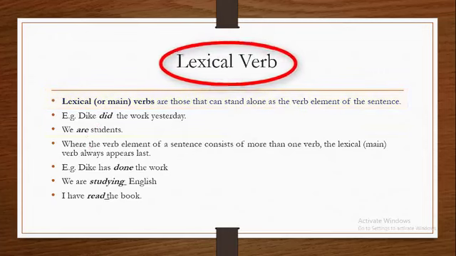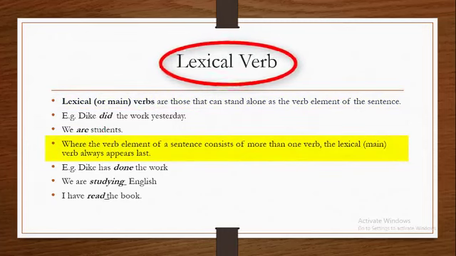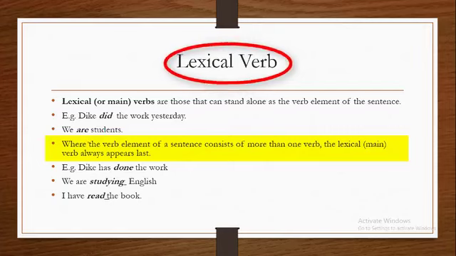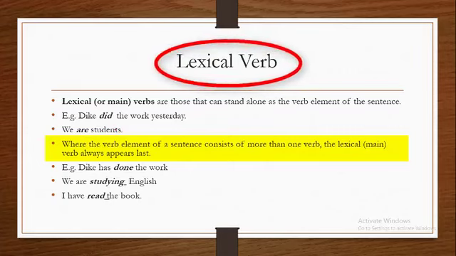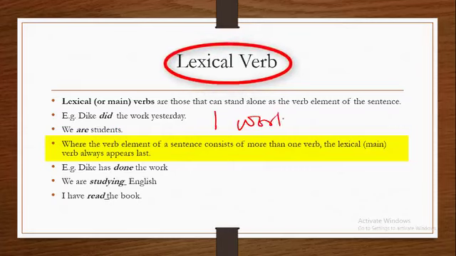But when the elements of a sentence consist of more than one verb, the lexical verb always appears last. So sometimes you can have, for instance, "I work on Mondays." The main verb there is work.